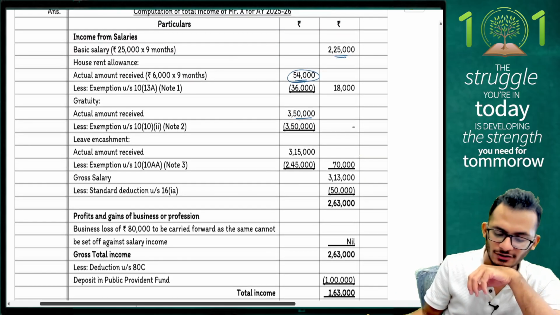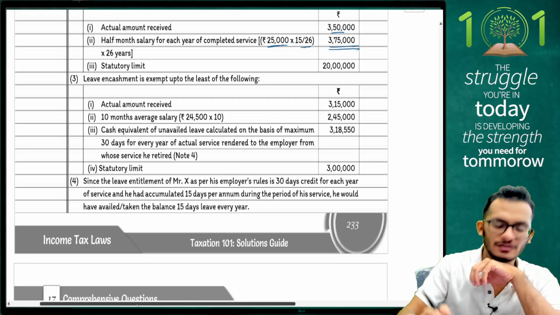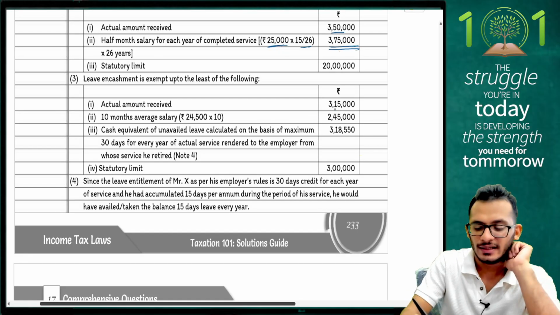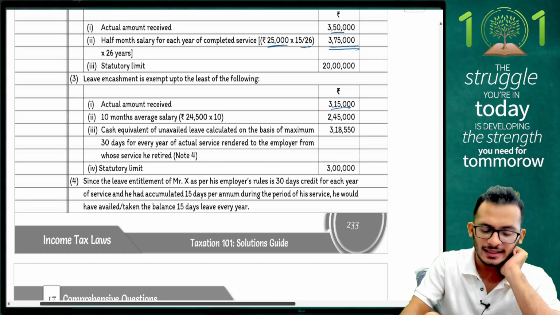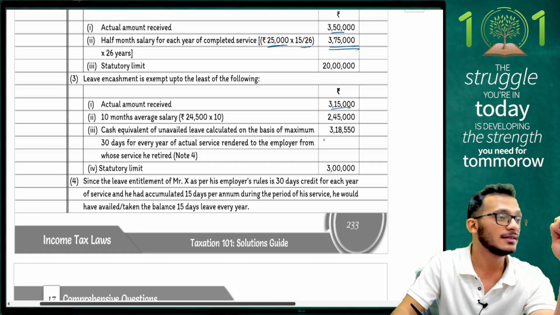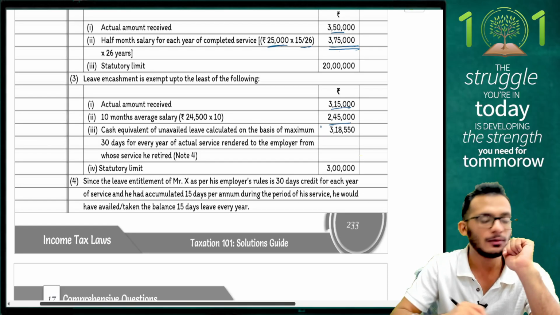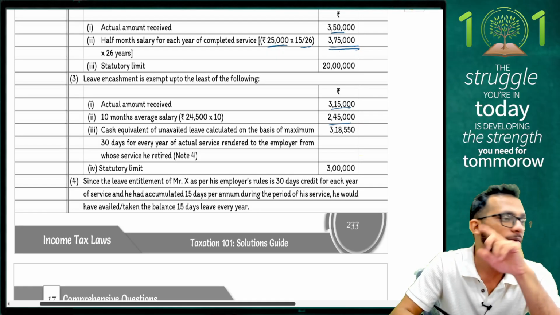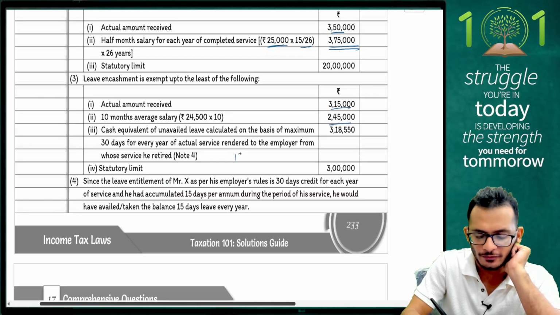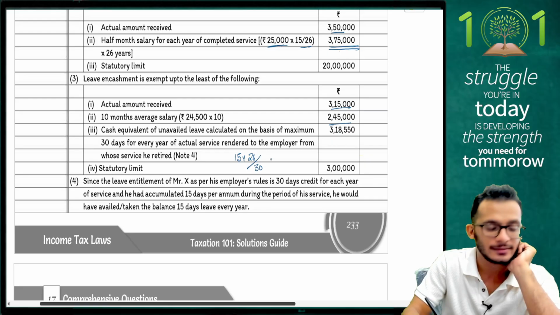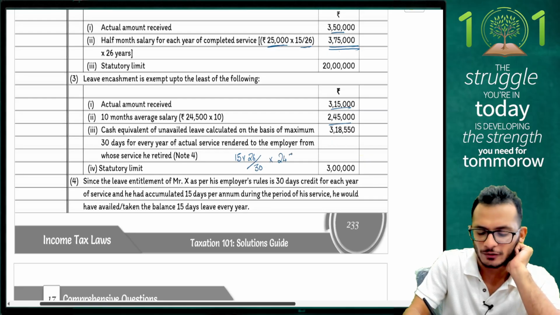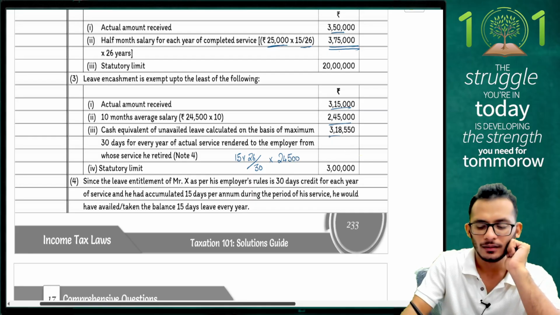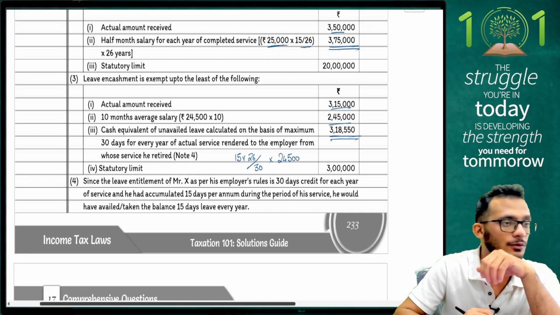Then we had leave encashment. Leave encashment was 3,15,000. Again, least of the four. Actual leave encashment is 3,15,000. Average salary for the 10 months becomes 24,500, which they gave, into 10 months. Therefore, 2,45,000. My cash equivalent basis is what we need to check, people, which is how much did I get? I had 15 days leave accumulation for 26 years divided by 30 days into 24,500. 3,18,550 is what the answer will come to.